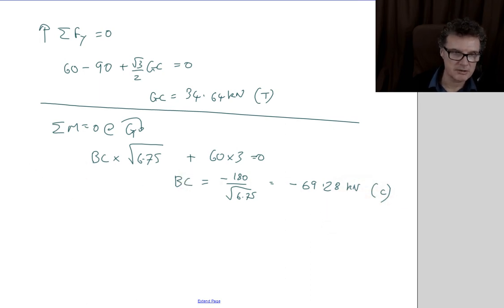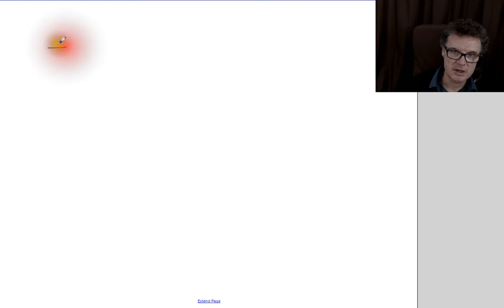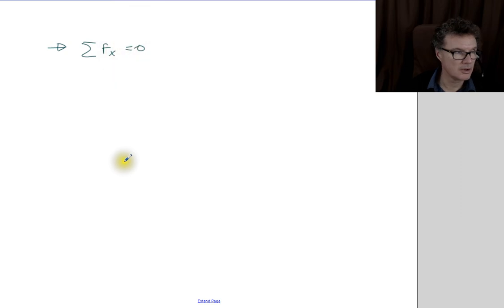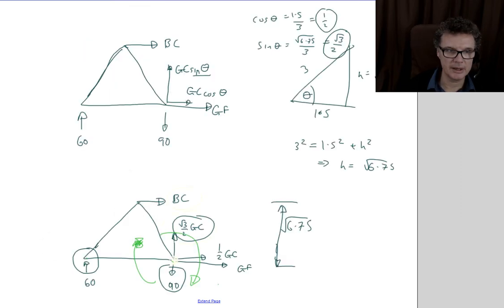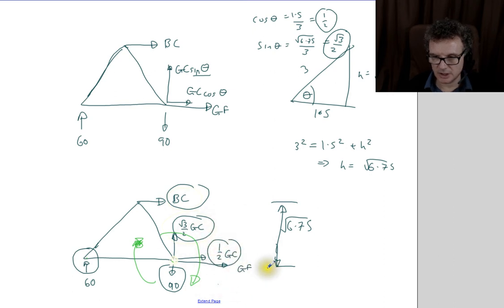So the next stage I would do is resolve the forces all in the x direction. Okay. Go back to this diagram again. What can we see going in the x direction? Quite a lot of things. We've got the BC, we've got half GC, and we've got GF, but no external forces.